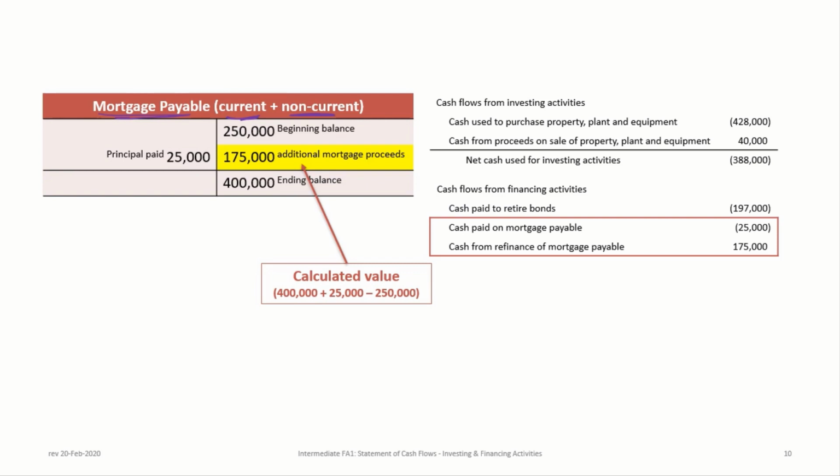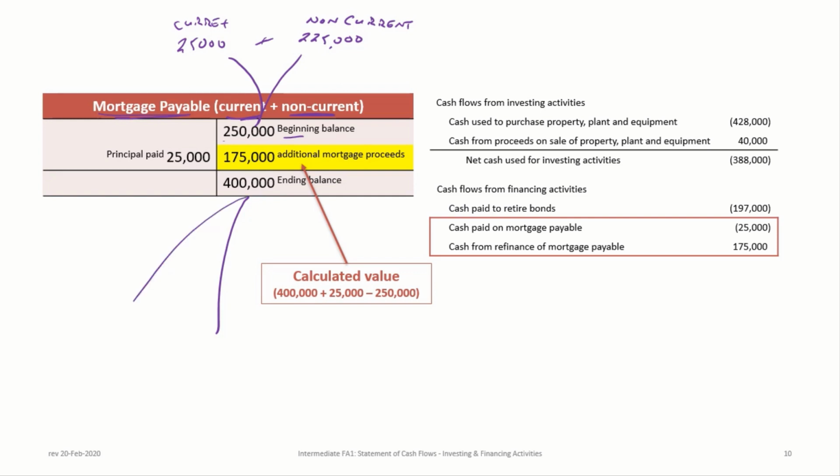If we refer back to the data, you'll see that there is a combined beginning balance between the current and non-current portions of the mortgage payable of $250,000, comprised of $25,000 in current plus $225,000 non-current. And the same is true of the $400,000 ending balance.